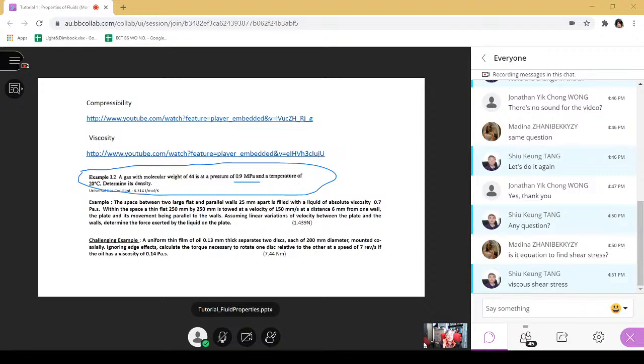Mega means 10 to the power 6, Pascal. The temperature of the gas is 20 degrees Celsius, and you are asked to calculate the density of that gas under that condition. In order to find the density, you need to find out the volume occupied by 1 mole of the gas. Once you have the volume, you have the mass, and therefore you get the density.